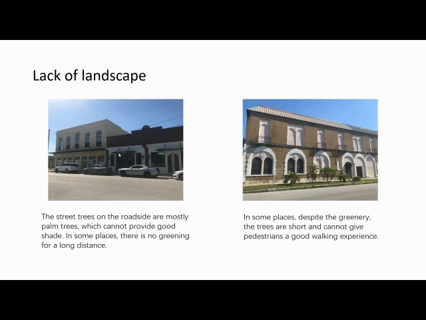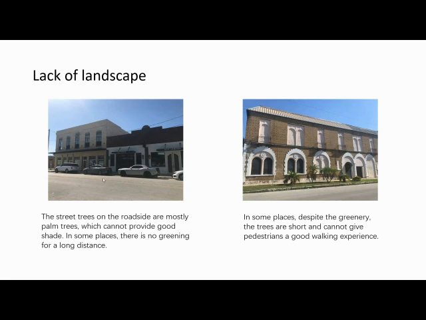A lack of landscape. For the whole street, I think most of the street trees are palm trees. I don't think palm trees are a good choice for street trees because palm trees do not have a huge canopy, so they can't provide enough shade for pedestrians.